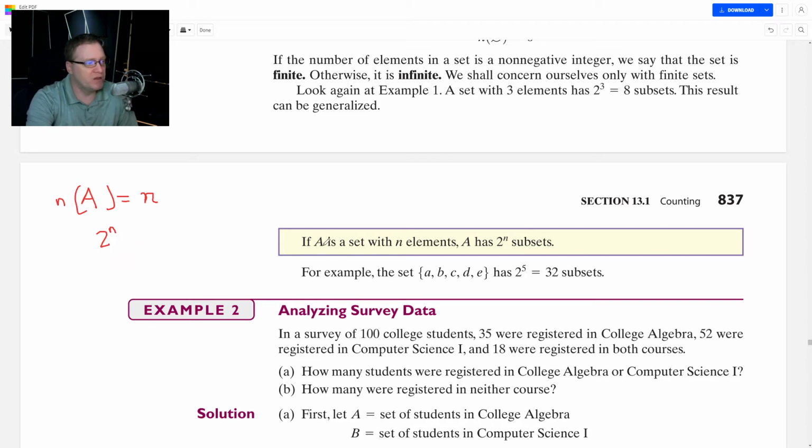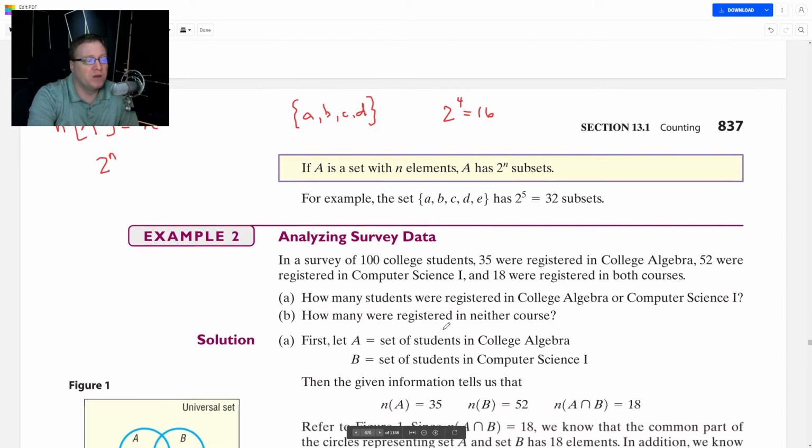So if I give you a set that has 4 in it, for example, A, B, C, D, and I ask you, how many subsets does this have? Well, the answer is going to be 2 to the 4, because there are 4 here. So what is 2 to the 4? Well, that's 2 times 2 times 2 times 2, which is 2 times 2 is 4, times 2 is 8, times 2 again is 16. So there are 16 subsets of this.